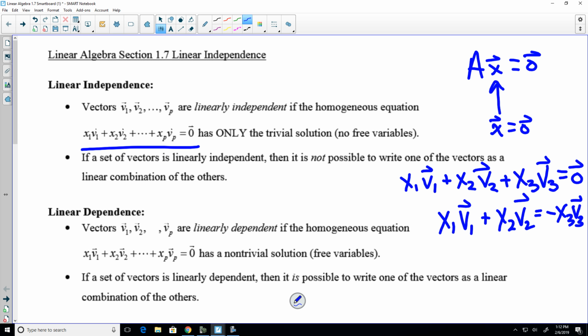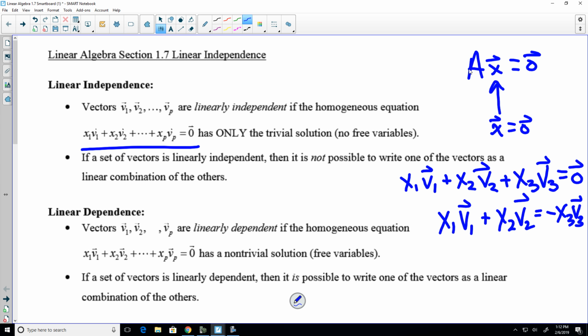If I move this to the right side, the only way to make this work is to make all of these x's 0, which means I can't write vector v3 as a linear combination of v1 and v2. See that? I can't come up with three scalars that'll make this equation true where this is just v3.